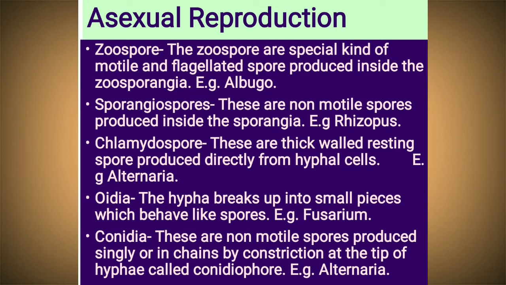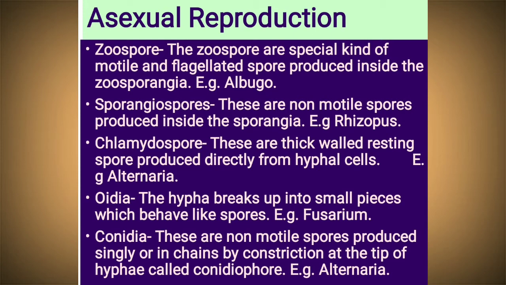Now what are thick-walled resting spores? Thick-walled resting spores are resistant spores which are formed during unfavorable conditions, and to withstand that, they make their cell wall thick so that the outer environment does not harm the inner environment of the cell. They become resting spores, and such resting spores are called chlamydospores.